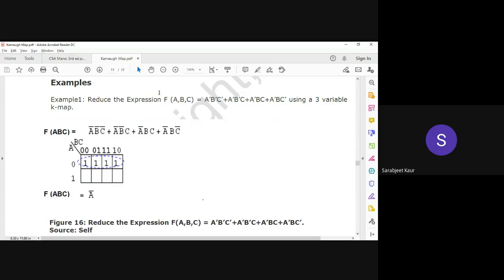So you see, in a minute, I was given this expression and I arrived at this reduced expression. It cannot be reduced any further if you do your groupings carefully as per the rules.